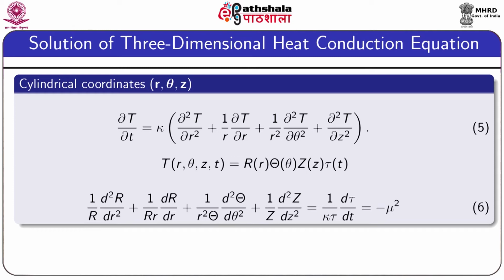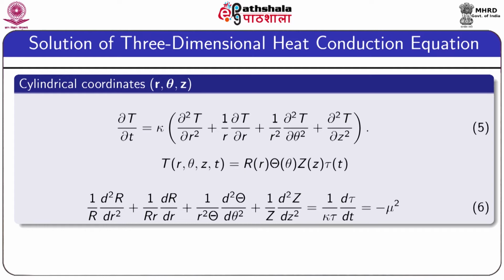Now, we are going to start the method to solve the heat conduction equation in the cylindrical coordinate system. The heat equation in cylindrical coordinate system is written in equation number 5. We are using the same method, the method of separation of variables.